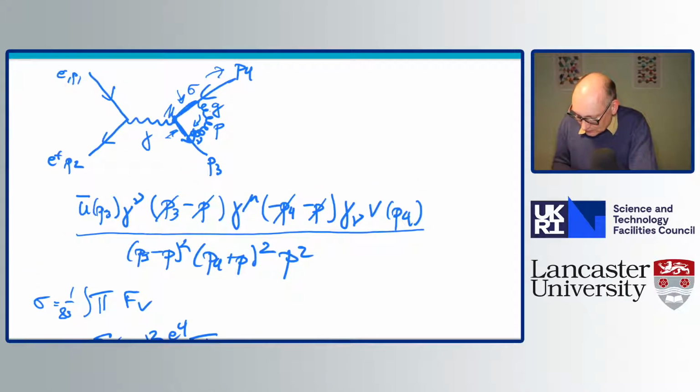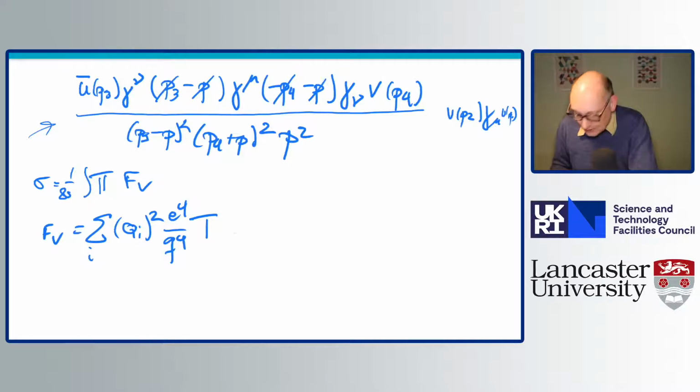What I've missed out here is a contraction with a normal electron current at the other side, right? The gamma mu will be contracted with a v of p2, a gamma, if this is mu, then this is mu as well, gamma mu u of p1.